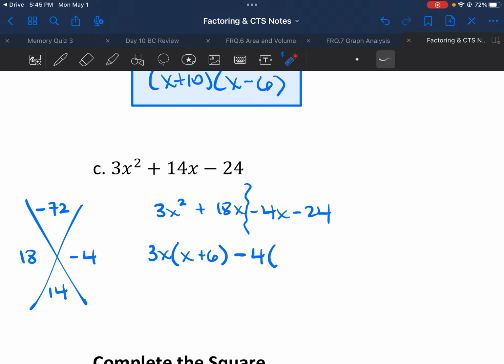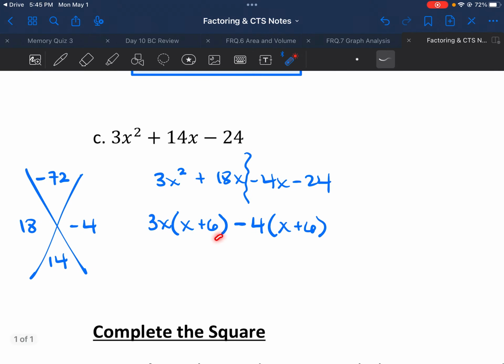If we factor out a negative 4 from negative 4x, we just get the x. If we factor out a negative 4 from negative 24, we get plus 6. Notice again, the thing we're looking for is the terms inside the parentheses to be the same. That's how we know we did it correctly. So that's going to be one of our factors, x plus 6. Our other factor, 3x minus 4.